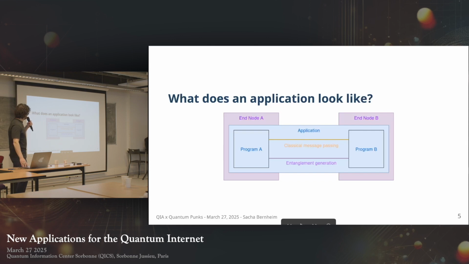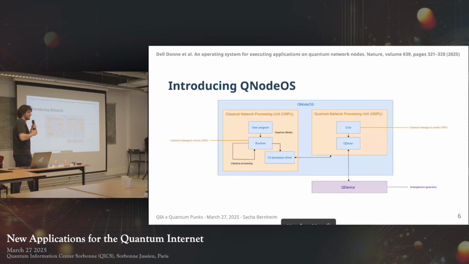So once we understand this, the first brick that was actually developed is called QNodeOS. It's the first quantum network operating system, and it works a bit like this. We have this first block, which is the classical network processing unit. This is where we will input the user program, not application here, and this user program will be sent to the runtime.